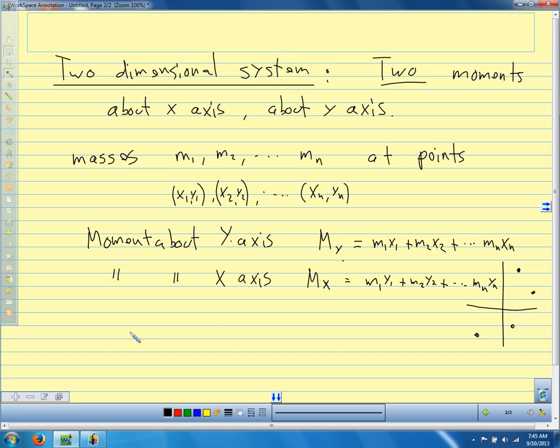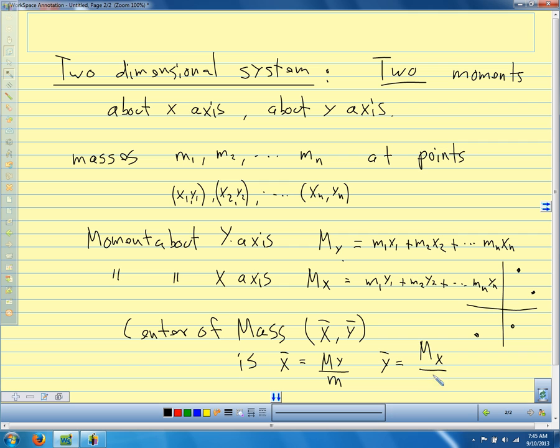And the center of mass of the system, we say x bar and y bar. x bar is given by m sub y over the total mass, and y bar is given by m sub x over the total mass.